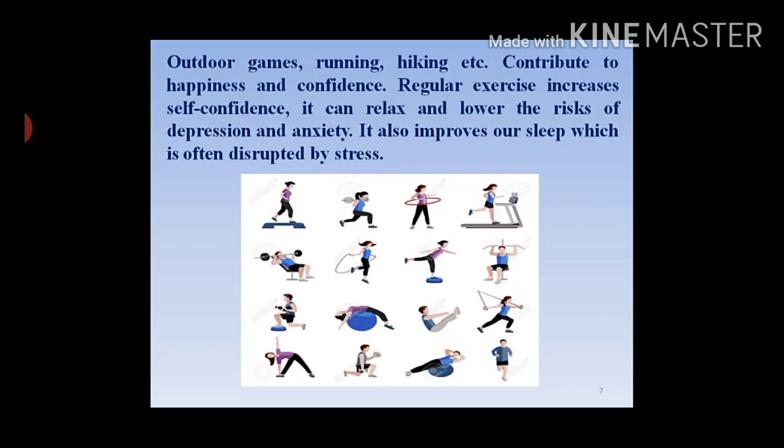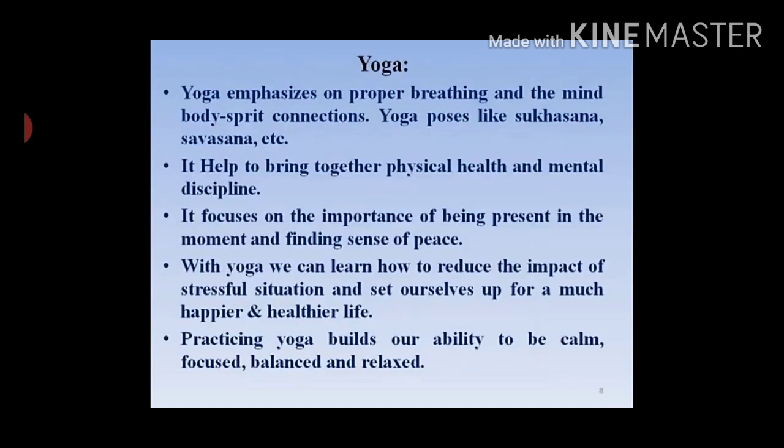Outdoor games like running, biking, and other exercise also increase our happiness and confidence, relax us, and lower the risk of depression and anxiety. It also improves our sleep, and as I told you earlier, it releases a chemical, endorphin, which acts as a painkiller.